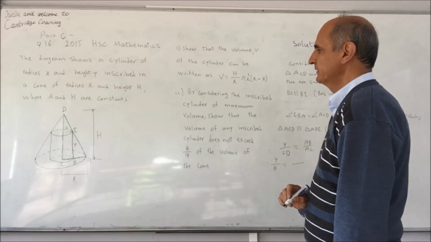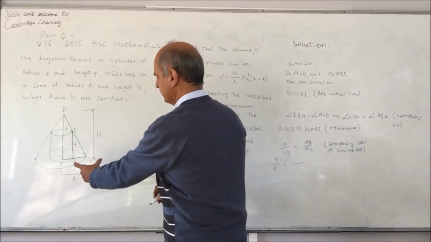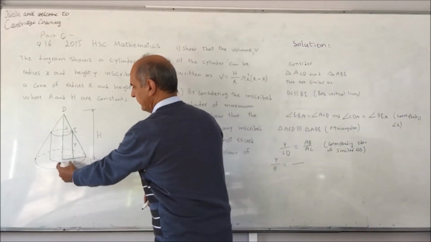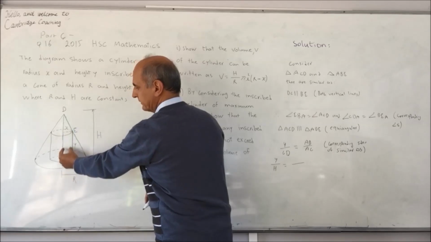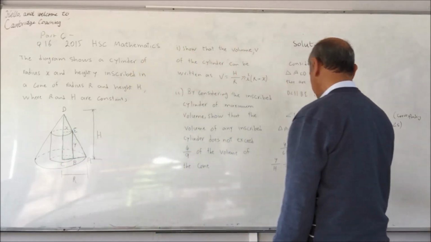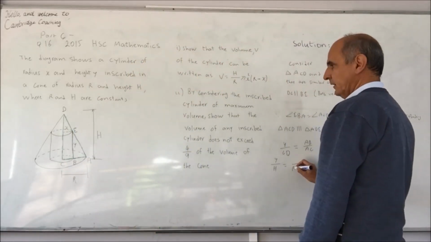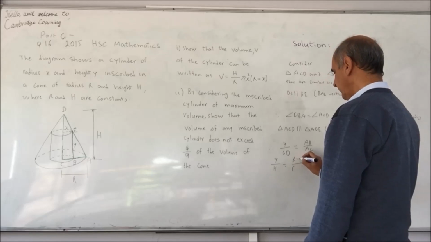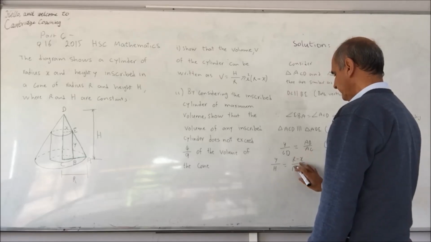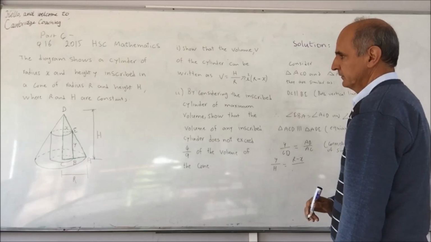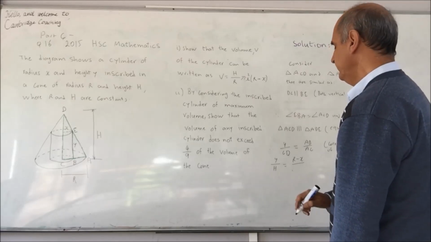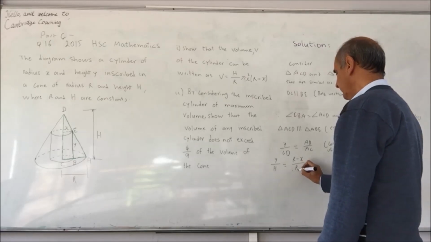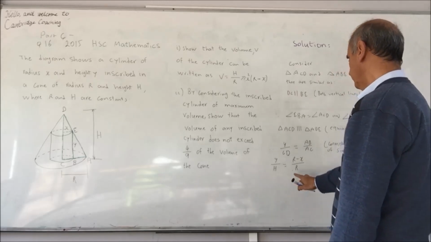AB is the radius of the cone take away x, and AC is the whole radius of the cone.